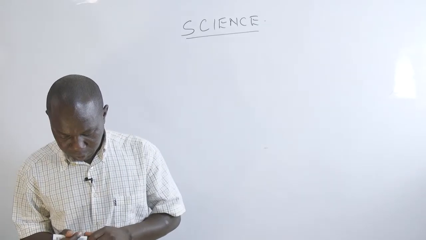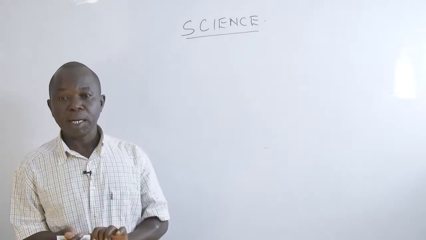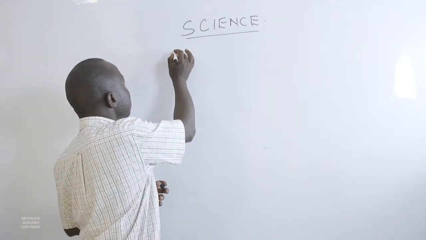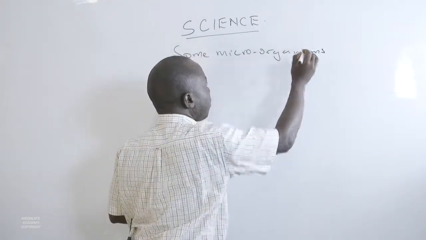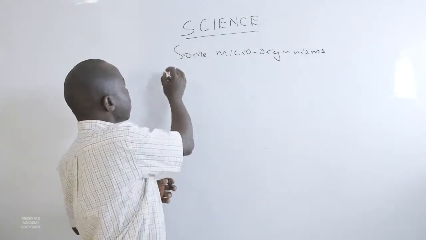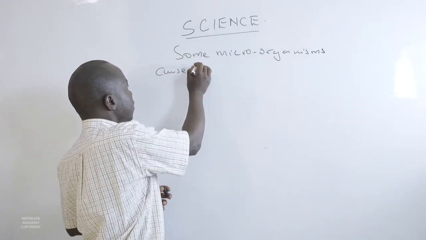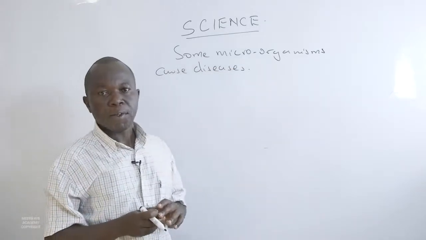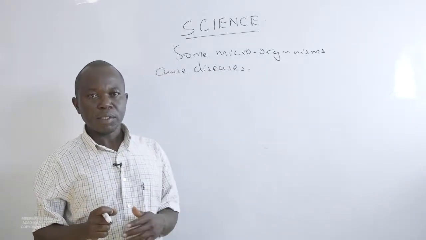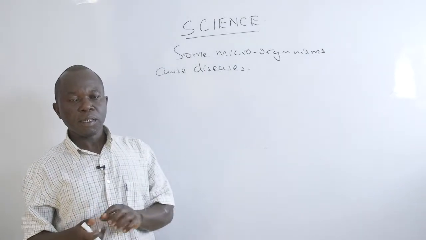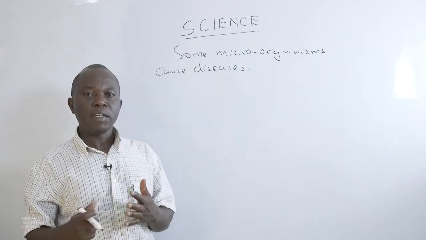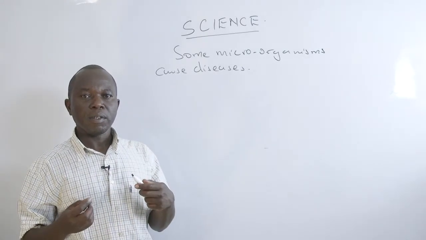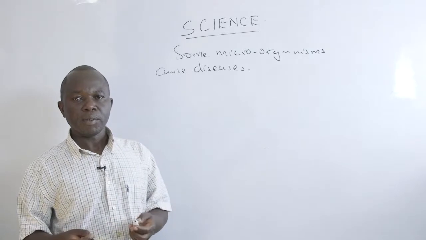So one of them is this: name some microorganisms that cause diseases. You have already come across this in our chapter 1 when we were looking at body systems. We identified some of the changes that usually come due to some microorganisms.